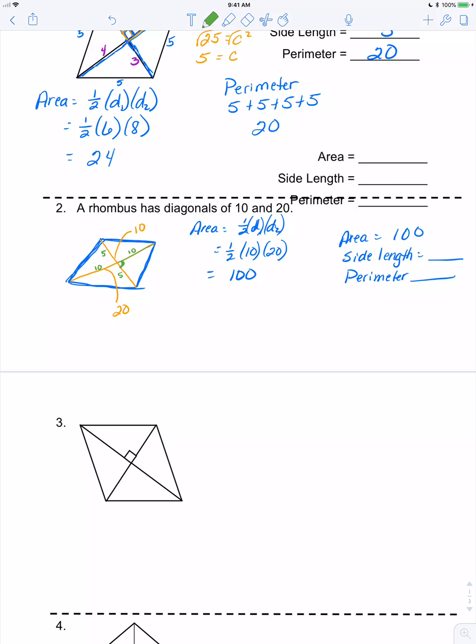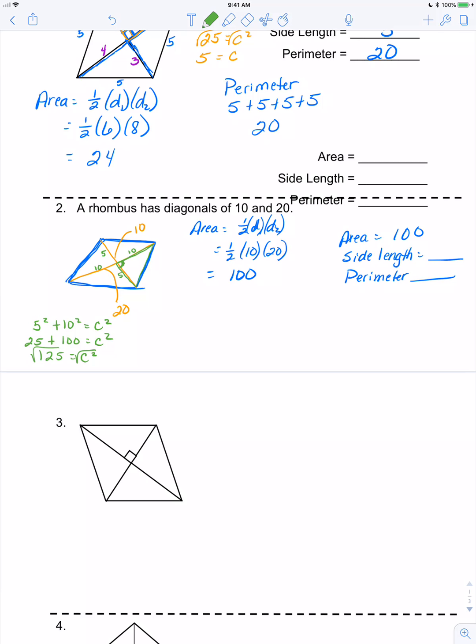So we've got this right triangle created here, so we can use Pythagorean theorem to figure out that side length. So that's 5 squared plus 10 squared is equal to c squared. So 25 plus 100 is c squared. 125 is c squared. Take the square root of both of those.